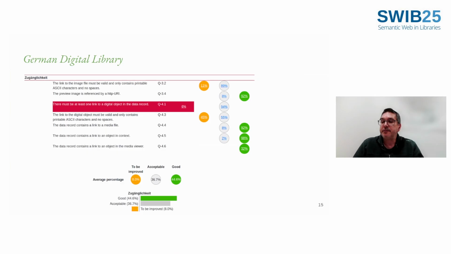And orange means failure that we can still live with, while red means failure that blocks the ingestion process. So if we run into a red one, then DDB doesn't accept the submission and asks the data provider to fix the issues and submit the file again.